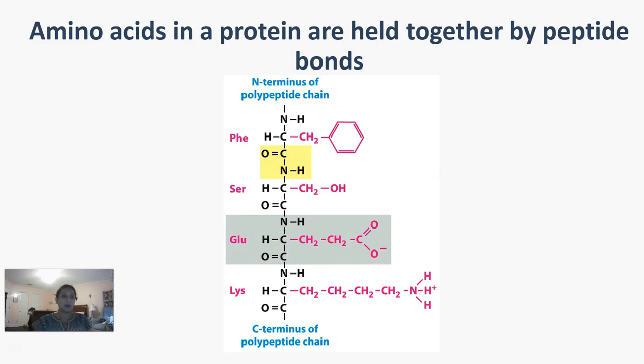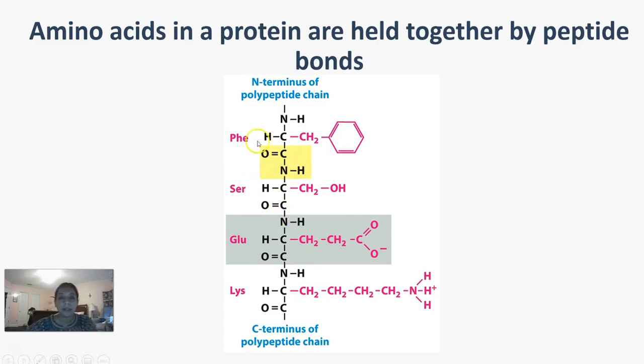Amino acids in a protein are also joined through a condensation reaction. They're held together by what we call a peptide bond. That's just the name that we utilize, but it works pretty much the same way. The N terminus of your polypeptide is over here and the C terminus is over here, and it is composed of multiple amino acids joined together through peptide bonds, which are formed through, again, a condensation reaction.